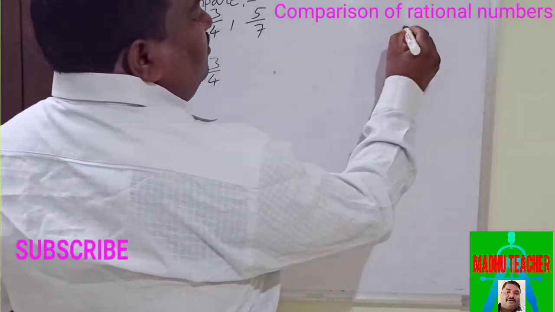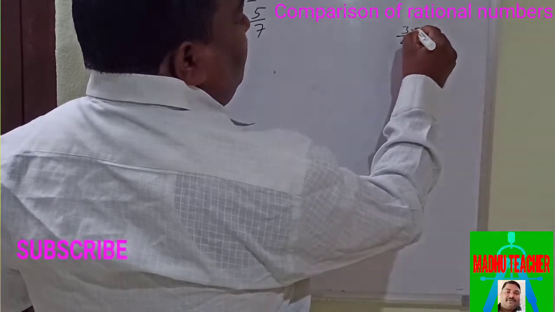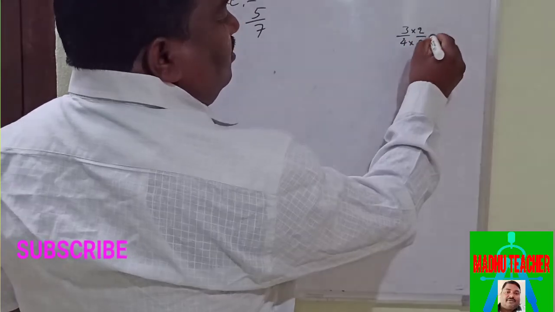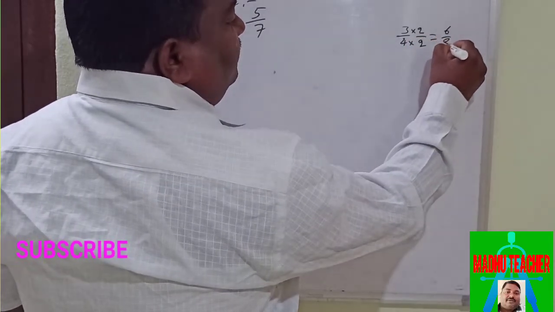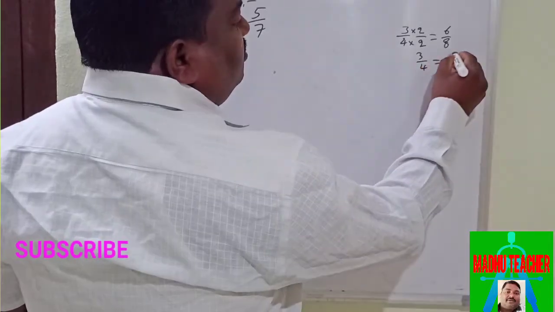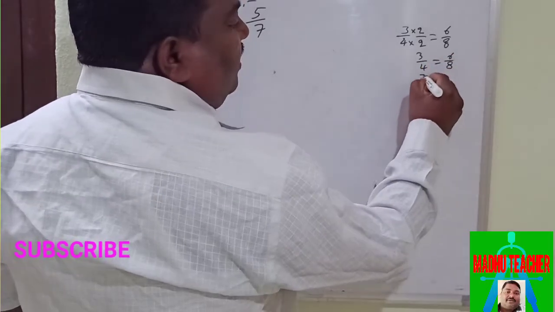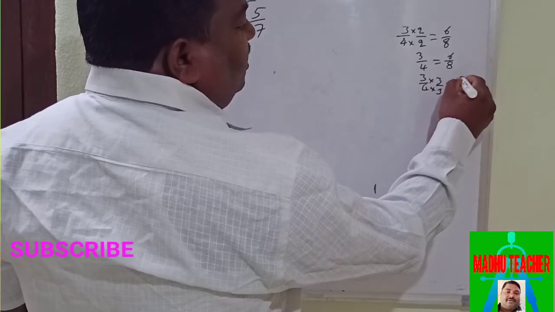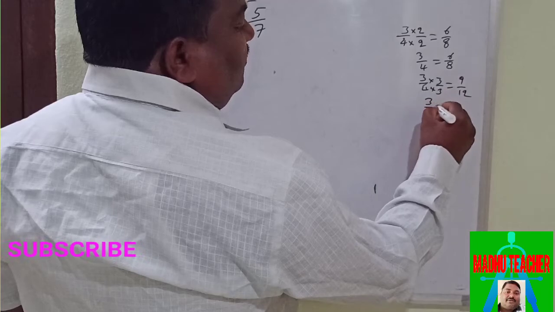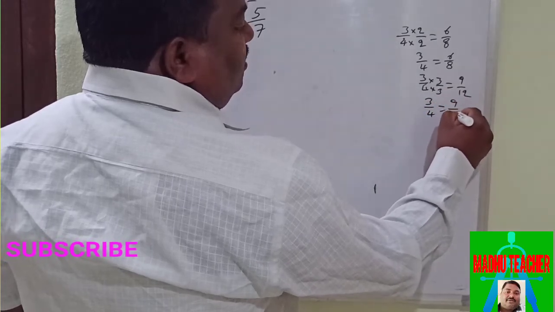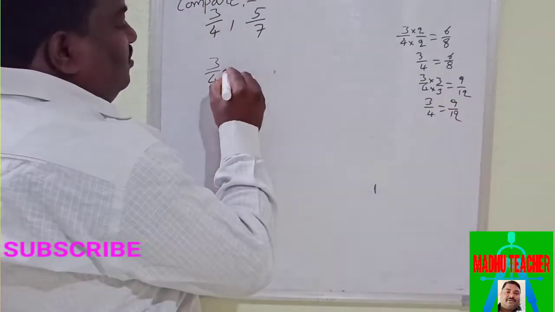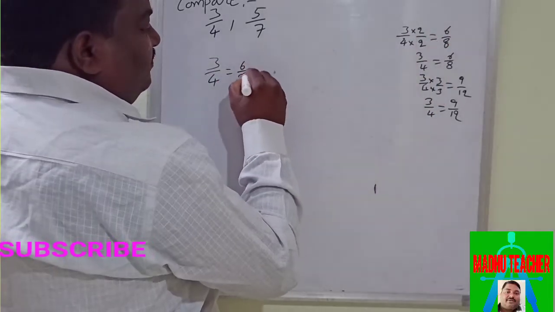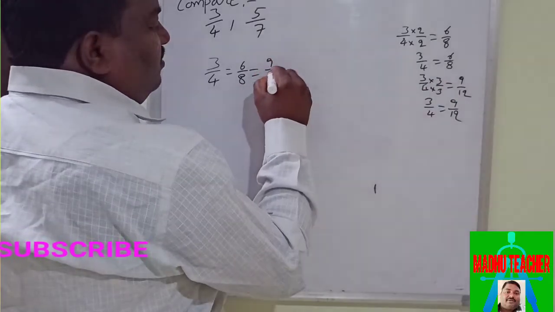Suppose 3 by 4. By multiplying 2 on numerator and denominator, we will get 6 by 8. Now 3 by 4 is equivalent to 6 by 8. By multiplying 3 on numerator and denominator, we will get 9 by 12. So 3 by 4 is equivalent to 6 by 8, equivalent to 9 by 12.